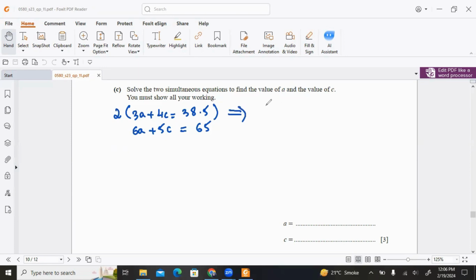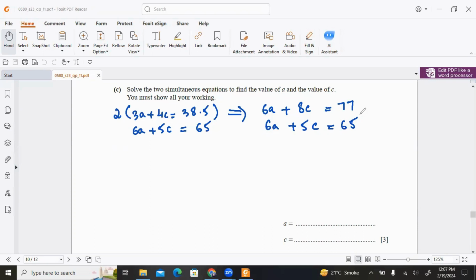So that becomes 6A plus 8C equals 38.5 times 2, which is 77. Now we have 6A plus 8C equals 77.